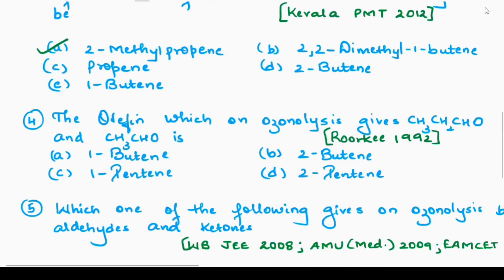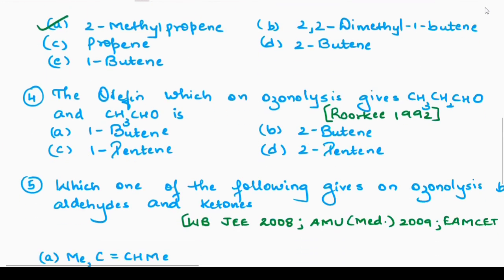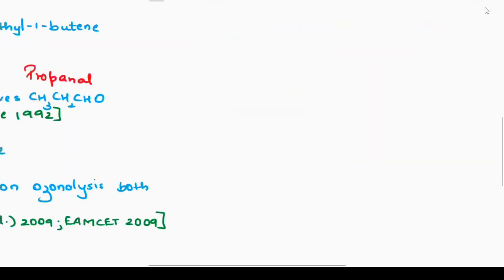Now the fourth question. The olefin which on ozonolysis gives CH3CH2CHO. This is the structure for propanal. The name of this compound is propanal or propionaldehyde. And then the second structure is ethanal or acetaldehyde. Now again, we need to carry out the reverse of ozonolysis. So again, I will draw the structure of propanal and ethanal.